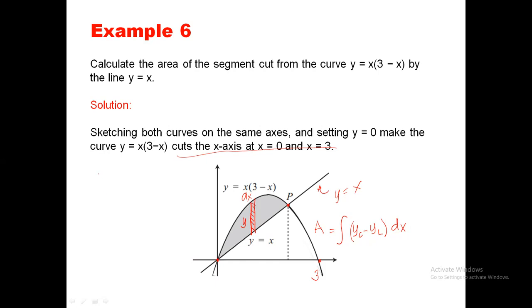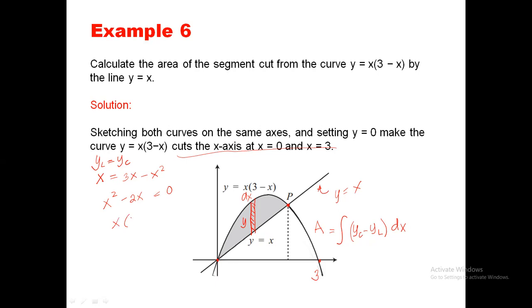So the y of the line equals the y of the curve. That would be x for the line, and for the curve you'll have 3x minus x squared. If you simplify, you'll transfer this to the other side. You have x squared minus 2x equal to 0.